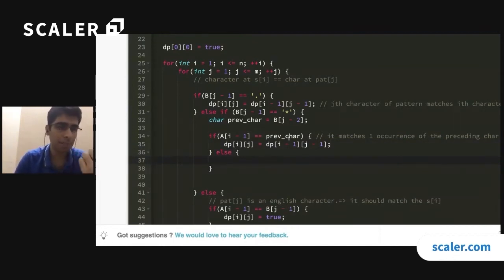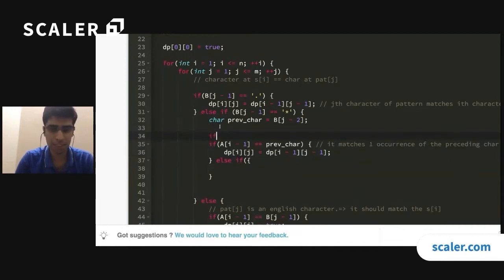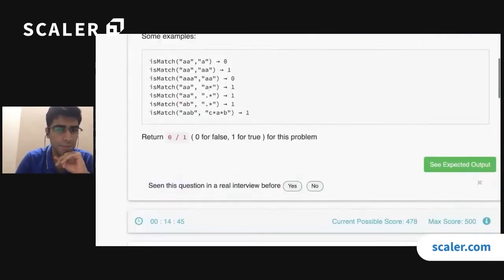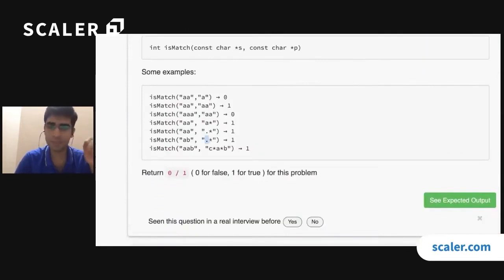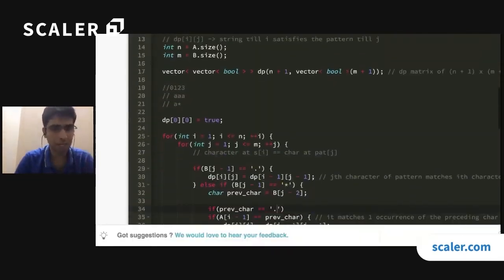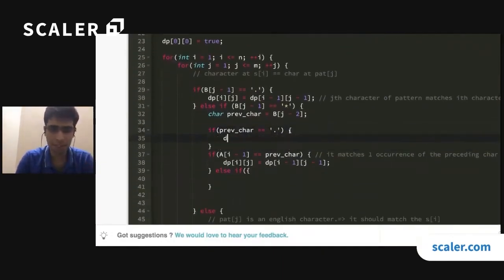Then it might actually happen that the previous character is a full stop. I mean, in this case, the previous character was a full stop. So that means it will definitely match it, right? In that case, I can say that dp i j will definitely be equal to dp i minus 1, j minus 1.